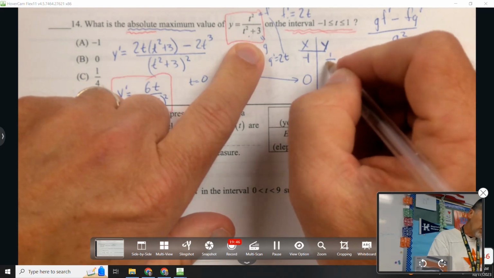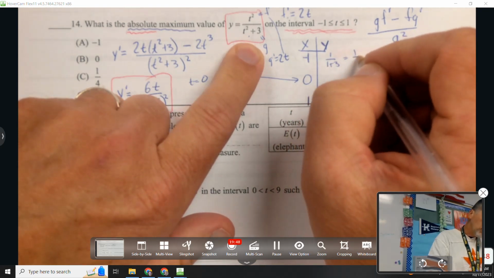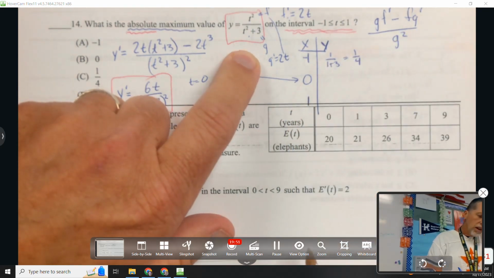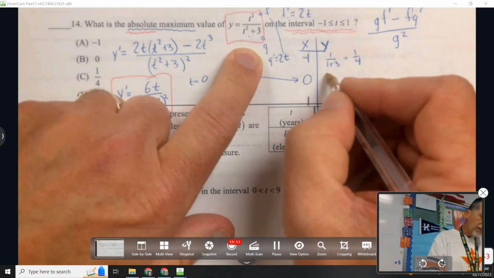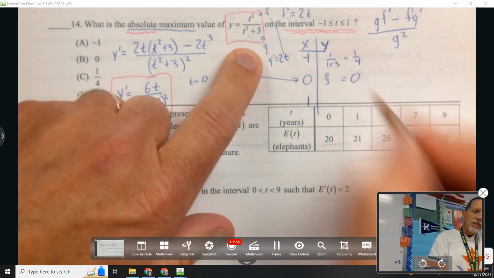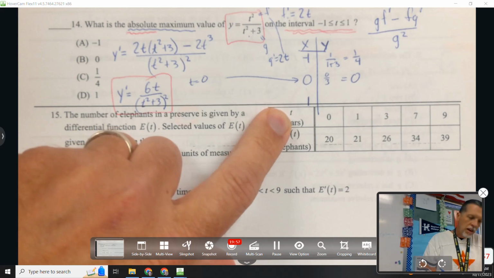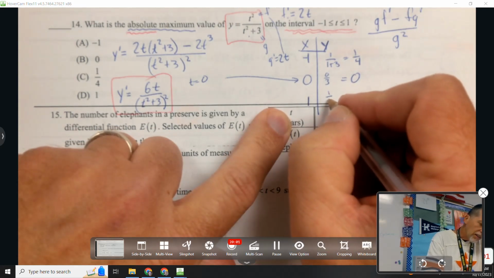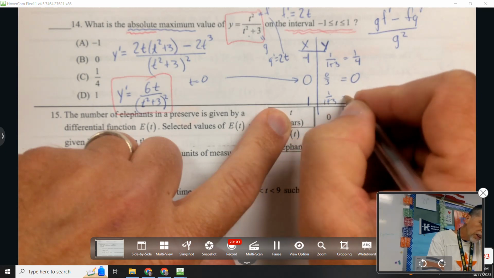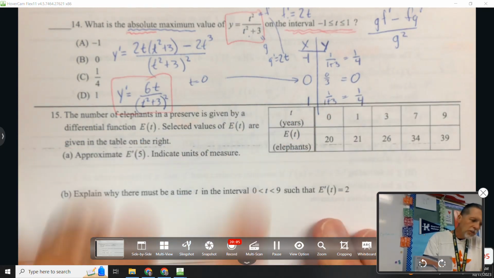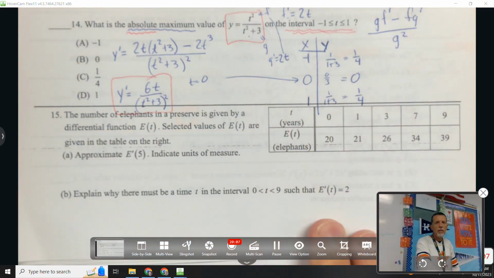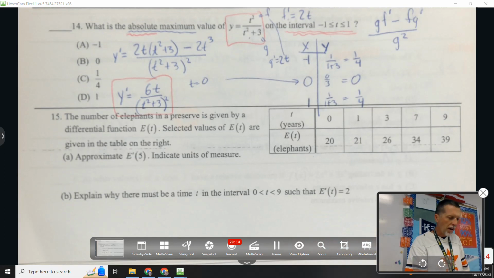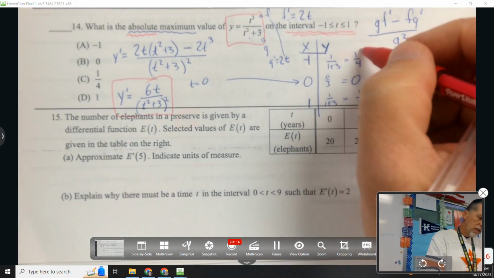So 1 over 1 plus 3 is 1/4. If I plug in 0, I get 0 over 3, 0. If I plug in 1, I get 1 over 1 plus 3, also 1/4. And so the maximum value is 1/4.